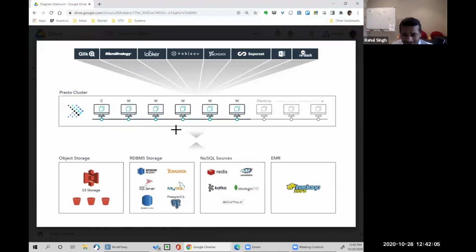Presto essentially virtualizes your data, and it could be from any of these different sources: NoSQL, RDBMS, EMR, object storage, and provides a common, Hive-compliant SQL layer to get that information that you can then look at in your BI tools. Cassandra happens to be one of the well-supported sources, and it was one of the first sources for Presto as well. You don't need Spark or Kafka to use Presto with Cassandra.